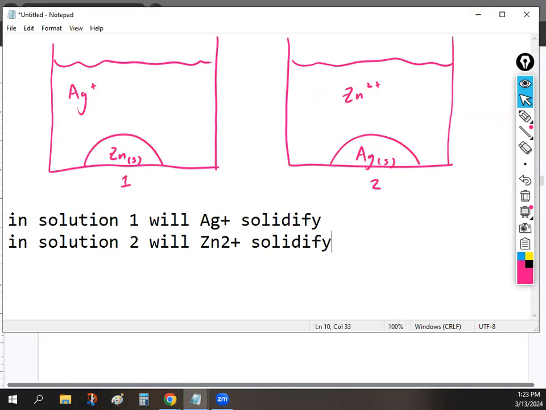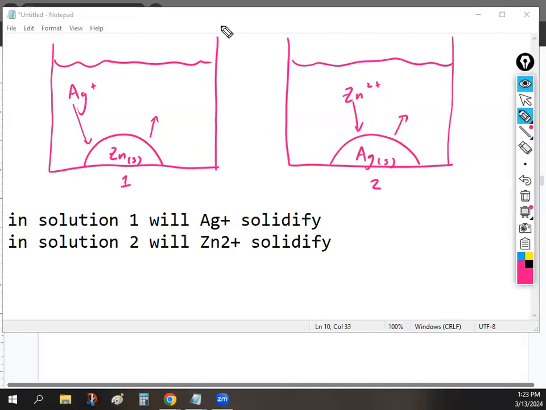So basically they're asking which one of these scenarios is going to happen: will Ag become solid as Zn becomes aqueous, or will solution 2 happen? Which one is going to solidify and which one is going to become aqueous?